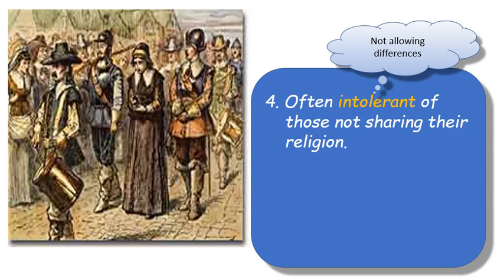We associate the New England colonies with things like the Salem witchcraft trials, Nathaniel Hawthorne's famous book, The Scarlet Letter, about a woman who had committed adultery and had to wear a big letter A whenever she was out. That kind of strict religious belief often led to intolerance or not allowing differences.